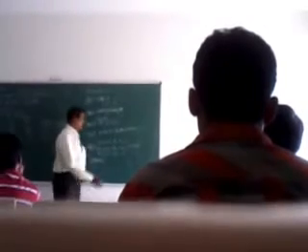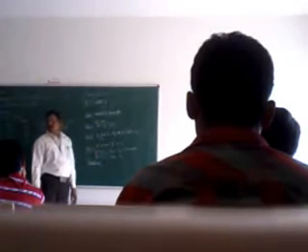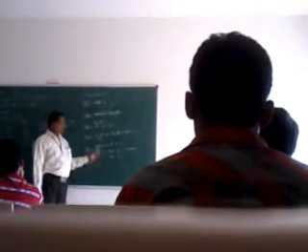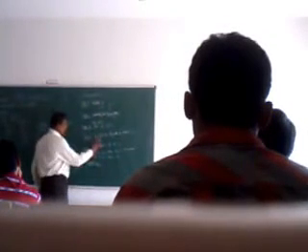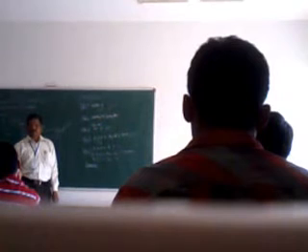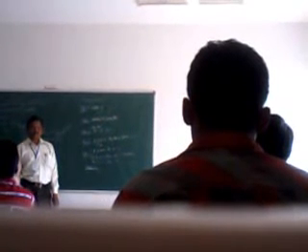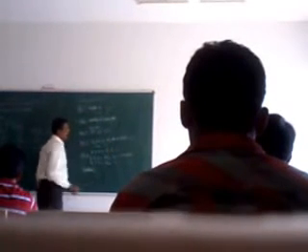So they will mention like that, alpha 0.05. What is the meaning? 0.05. Can I tell any other name? 0.05, 5 by 100, otherwise 5%. So you can say alpha 5%.